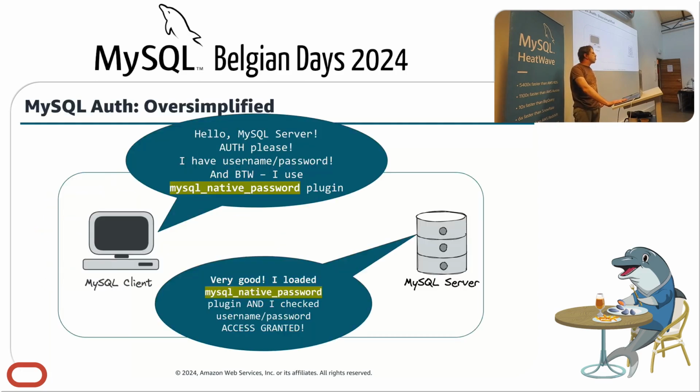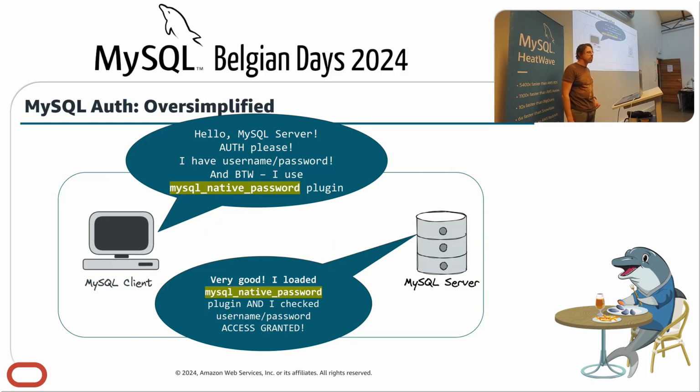I started with the question, how is this even possible? To understand that, we need to understand the MySQL authentication protocol. I created this oversimplified picture explaining what happens during the MySQL authentication. The MySQL client connects to the server and says, hello, MySQL server, I need to authenticate.